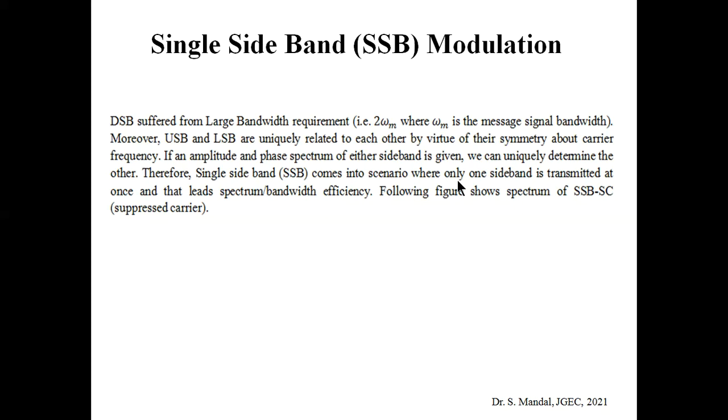That means it is bandwidth efficient over DSB. So from that point of view, SSB comes into the scenario where only one sideband is transmitted at once, so that we can achieve spectrum or bandwidth efficiency.